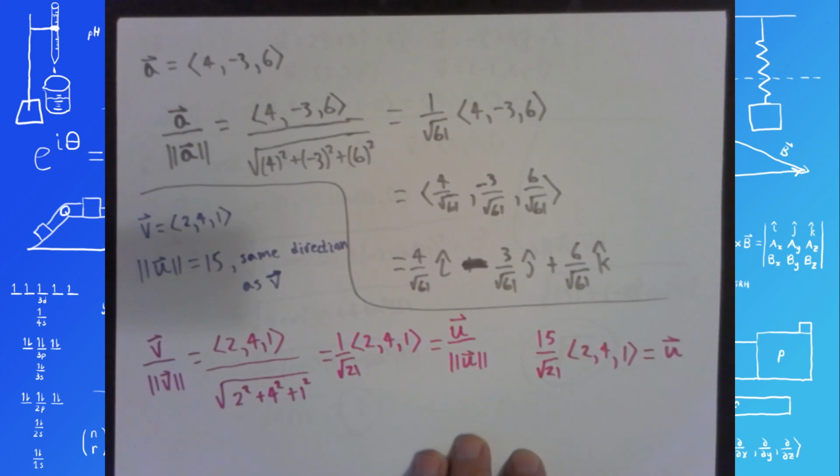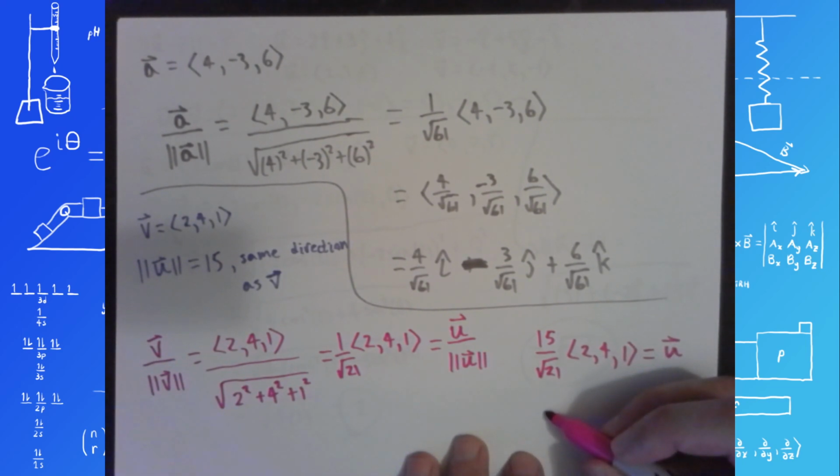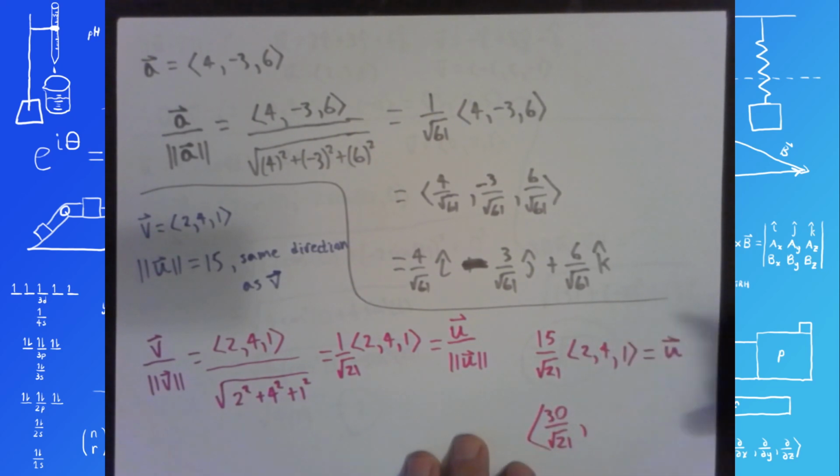And distribute and simplify where we can. 15 and 2, that's going to be 30 over root 21. 15 and 4, that's 60 over the square root of 21. And just 15 over the square root of 21.